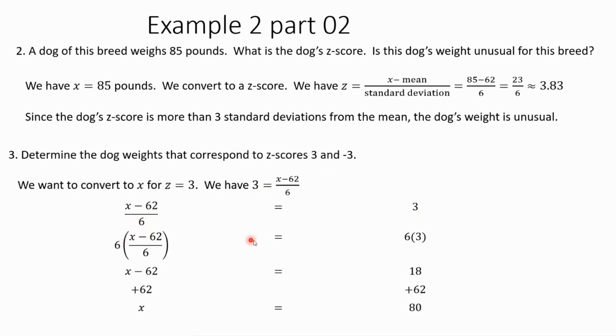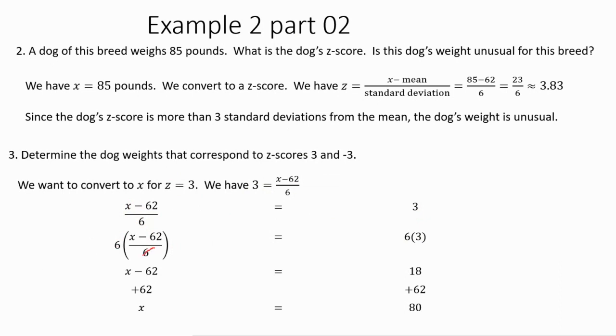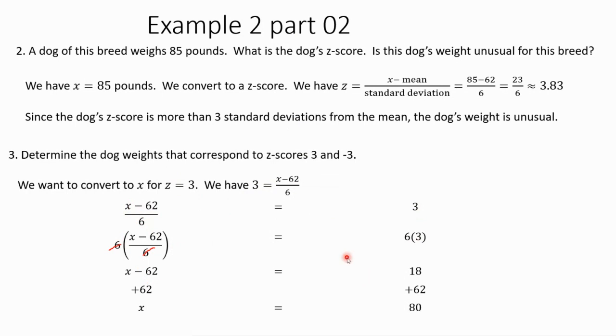We're going to multiply both sides by 6. That's going to cancel the 6 in the denominator, so we have x minus 62 on the left side of the equal sign, and on the right side, we get 18.